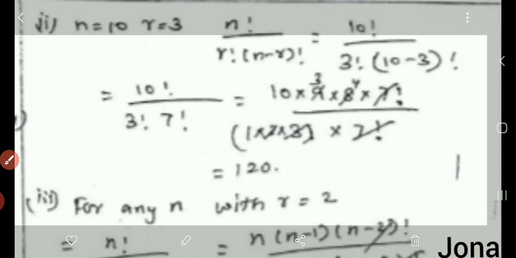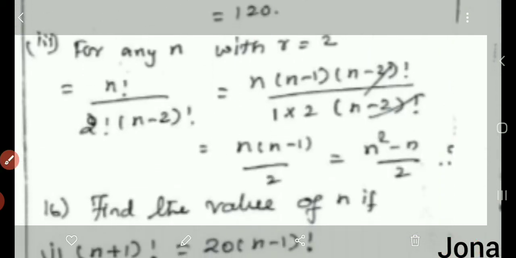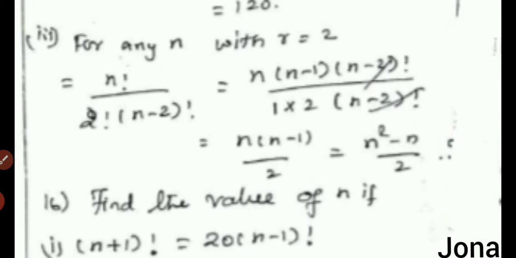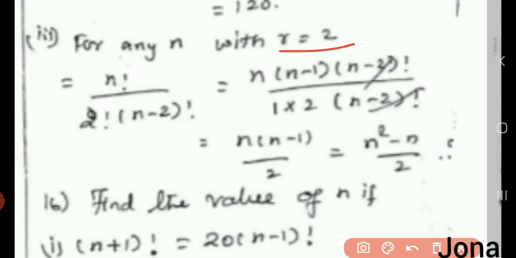Okay, the next problem, for any n with r equal to 2. So here it's given n is as it is and r is 2. So we can substitute r only here. So n! by, here instead of this r we have to put 2. Here also (n−2)!. This n! can be written as n into (n−1) into (n−2)!, because we are reducing 1, that means minus 1, in each factor.